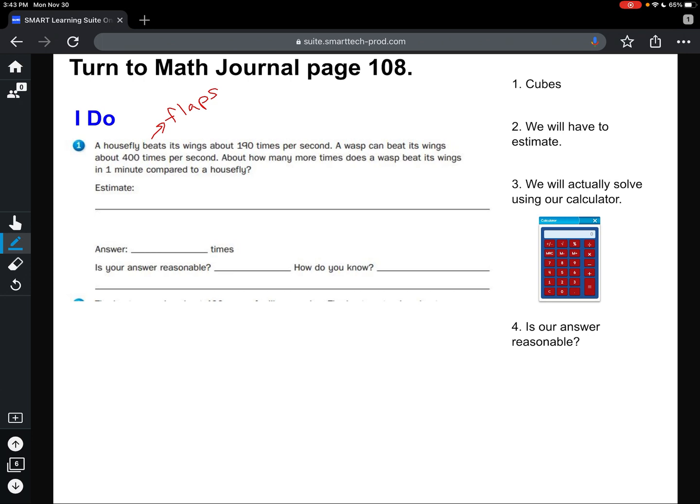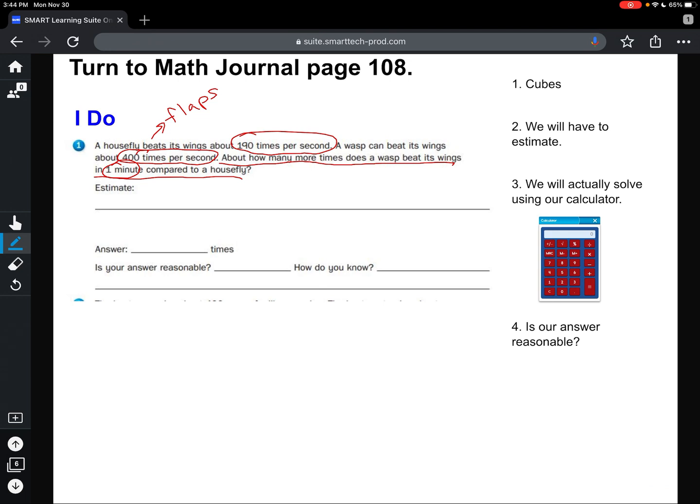So I'm going to read the problem again and do cubes when I look at the story problem. A housefly beats its wings about 190 times per second. A wasp can beat its wings about 400 times per second. About how many more times does a wasp beat its wings in 1 minute compared to a housefly?